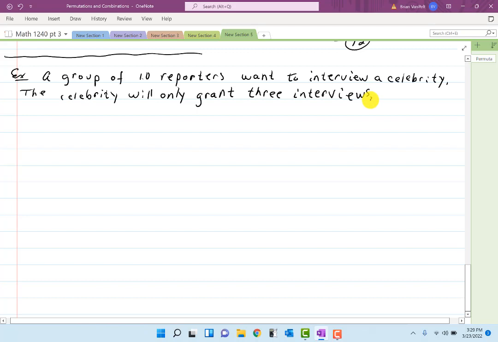And not only that, they're very specific on the interviews. The 3 interviews will look like this. One 15-minute interview, one 10-minute interview, and one 5-minute interview. How many ways can the 3 reporters be selected?